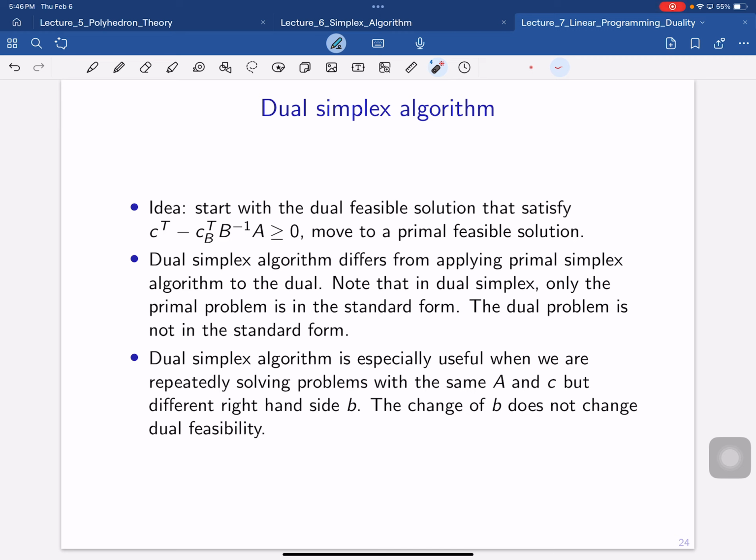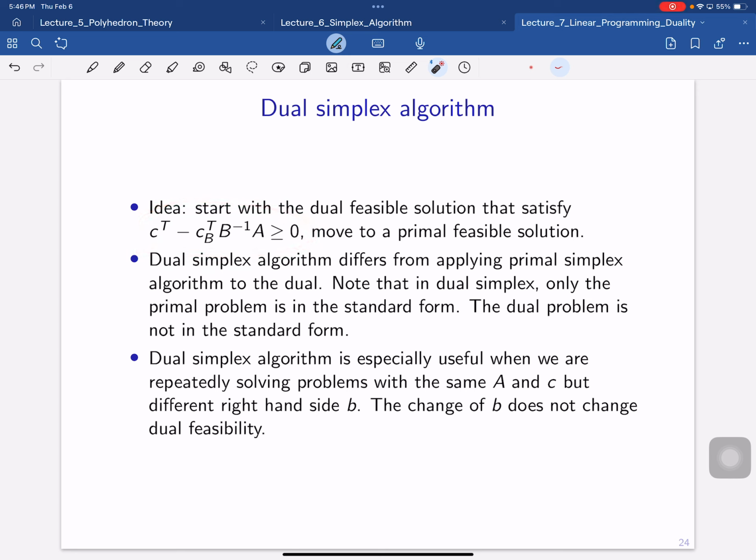And then you may be wondering, why do we need both? Dual simplex is especially useful in solving mixed integer linear programs. I will tell you the reason when we talk about mixed integer linear programs. The reason is that the reduced cost doesn't depend on the right-hand side, so dual feasibility doesn't depend on the right-hand side.